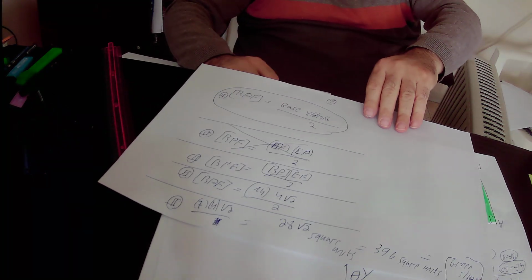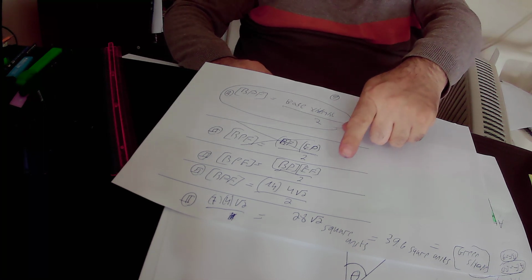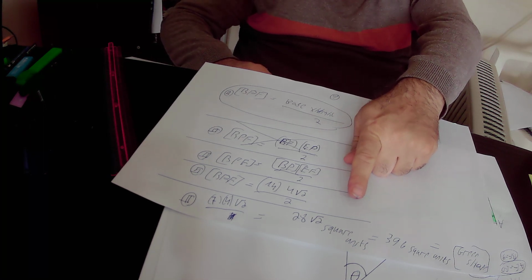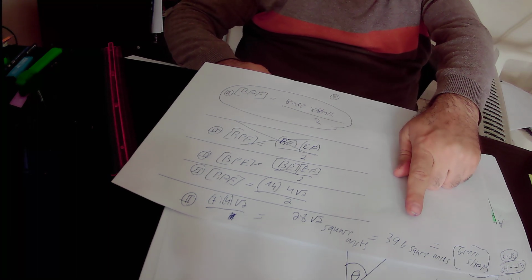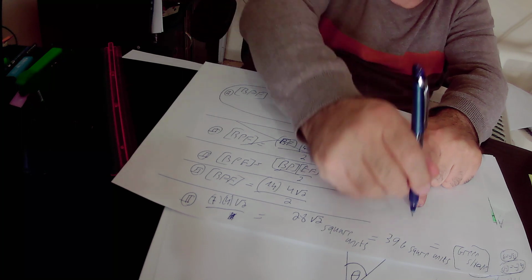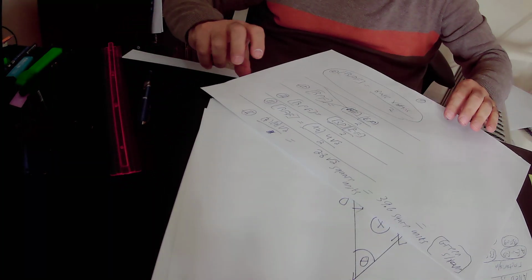I'll repeat again, the area of the green shape equals either 28 times square root of 2 square units, or in terms of numbers, 39.6 square units. Okay, so we finished with the first method.